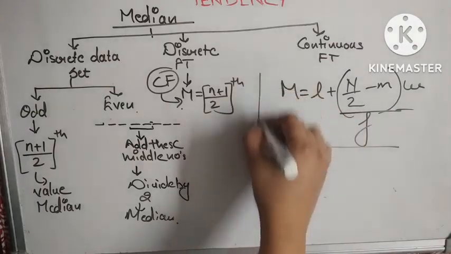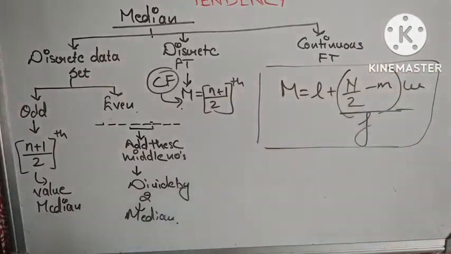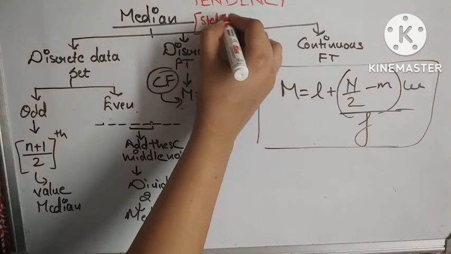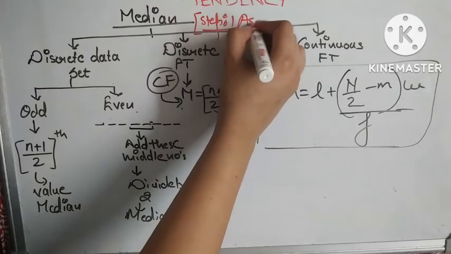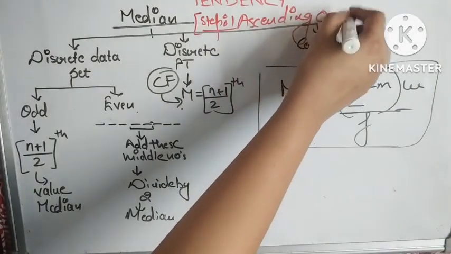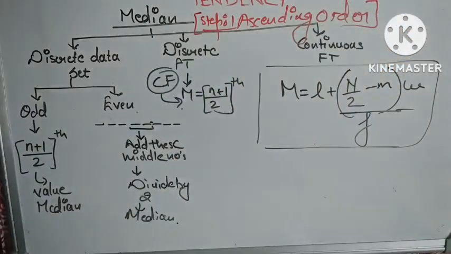This is the formula. So this way you can memorize what we have seen in this particular class. The first step, make sure you always do this: step number 1 is arrange in ascending order. Always it should be arranged in ascending order.